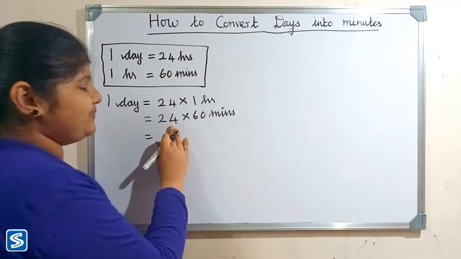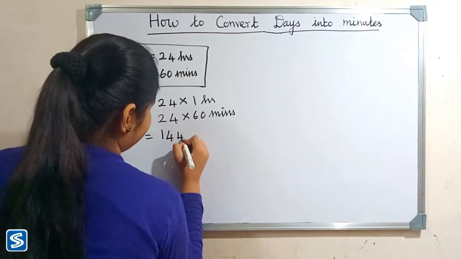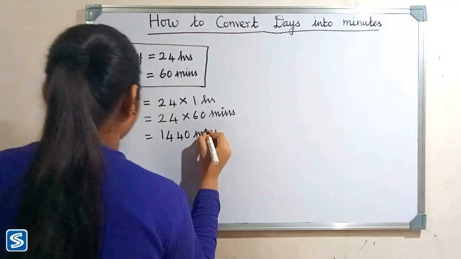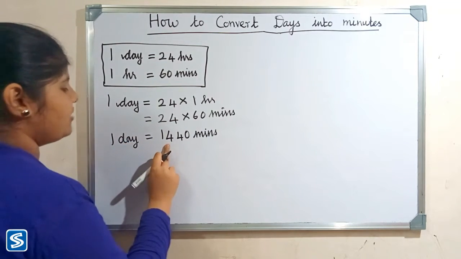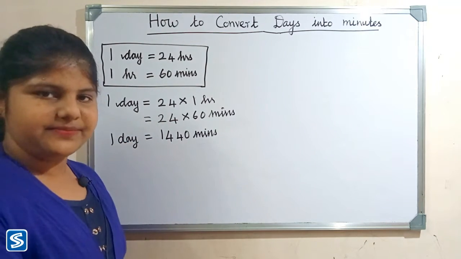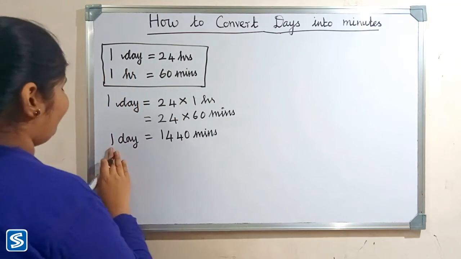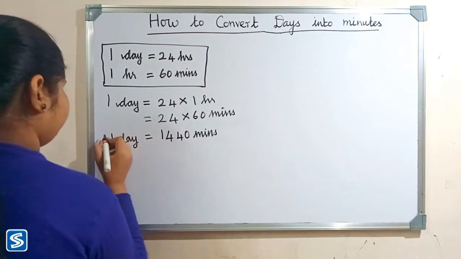So 24 multiply 60 minutes will be 1440 minutes. So 1 day is equal to 1440 minutes. So the formula for converting days into minutes is 1 day is equal to 1440 minutes.